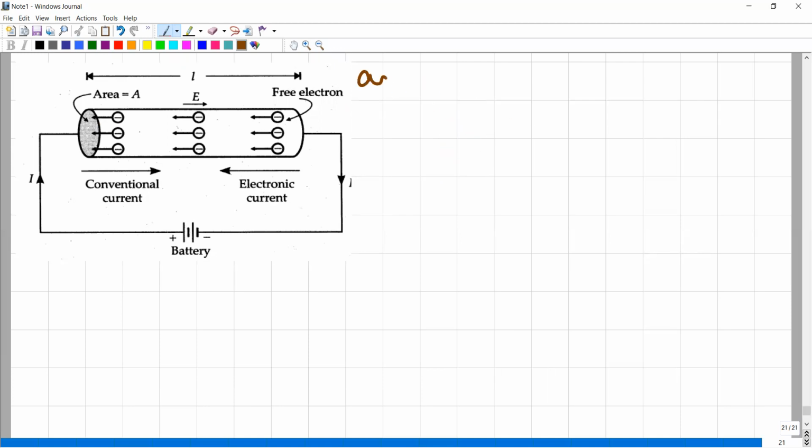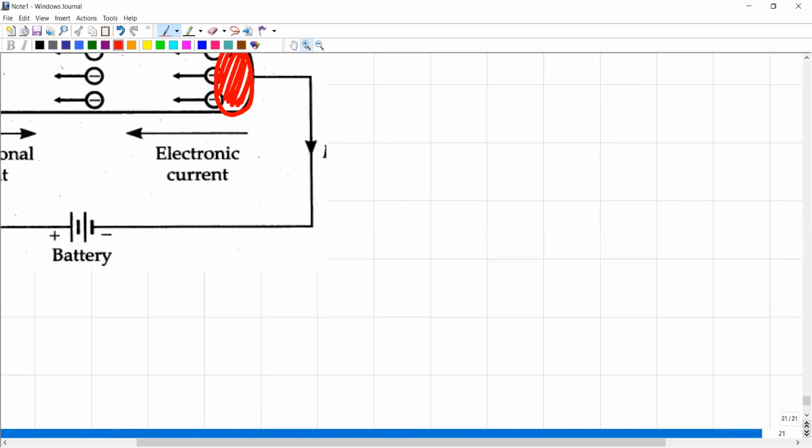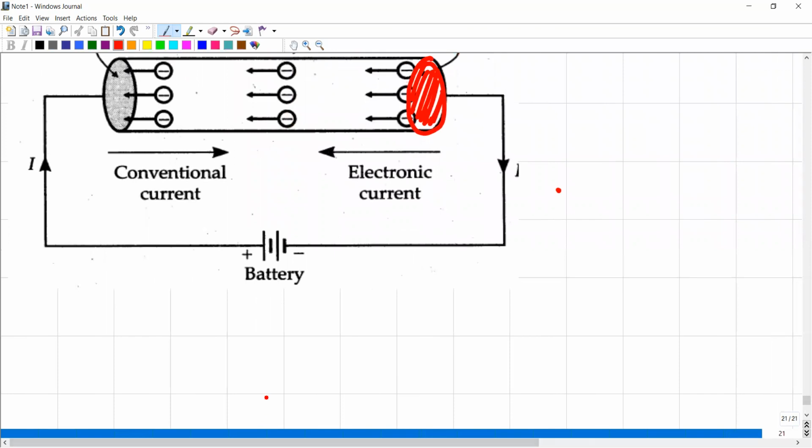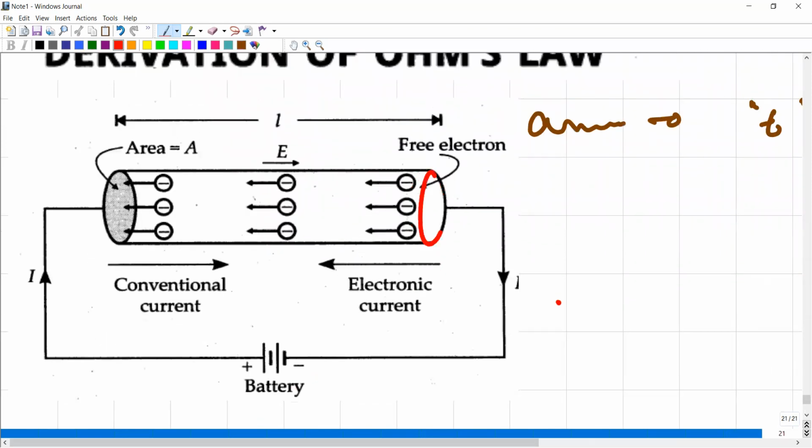Now, assume a certain time t. In a certain time t, all the electrons that were on this one end of the conductor cross the conductor and reach the other end.